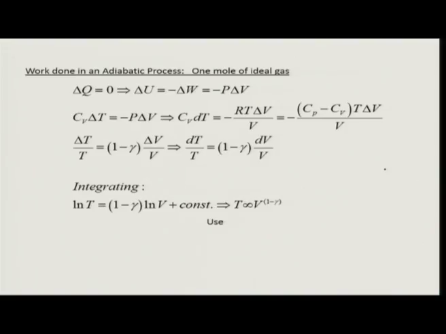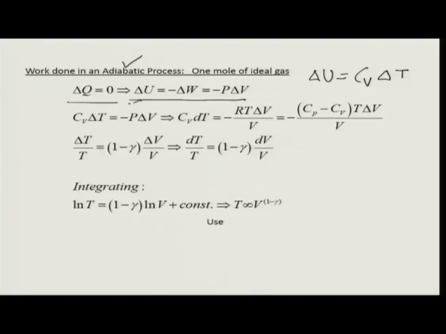Delta Q is 0 because I am talking about an adiabatic process. dU is this quantity, which can be easily found out with P delta V. Now, I am talking about 1 mole of ideal gas, so dU is equal to Cv dT.